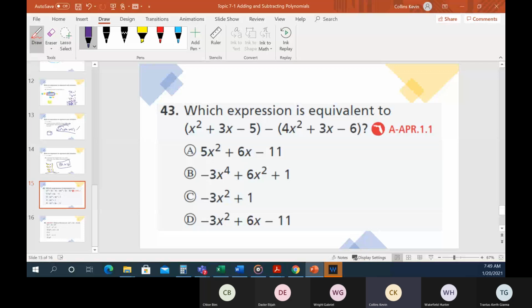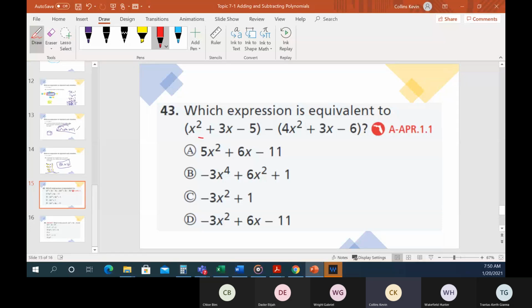It says, which expression is equivalent to this? Okay. So all they're asking us to do is put these guys together, right? So with these kind of problems, when you're doing multiple choice, do part of the problem and then look at your answers, right?